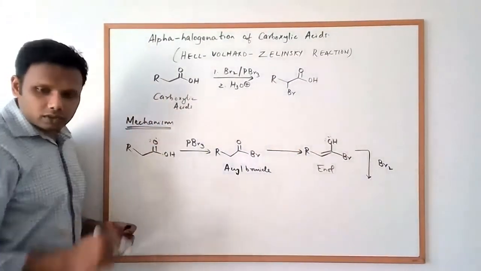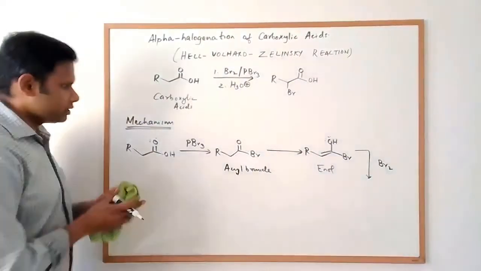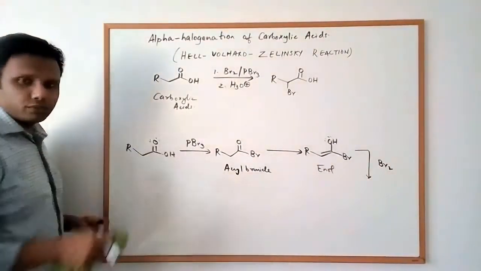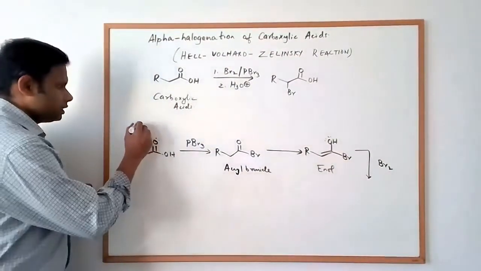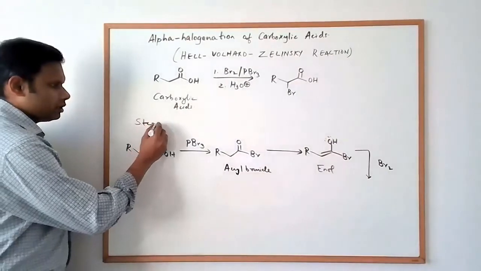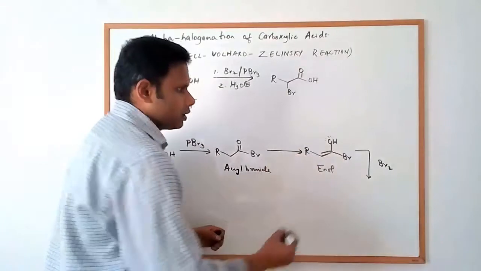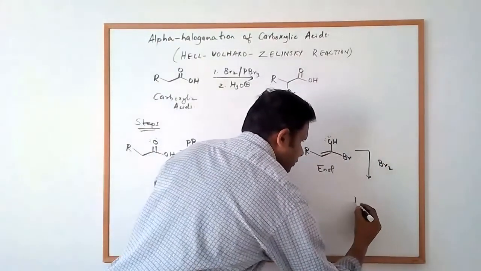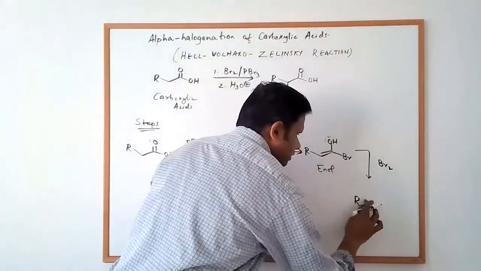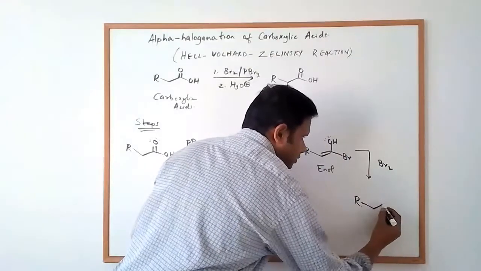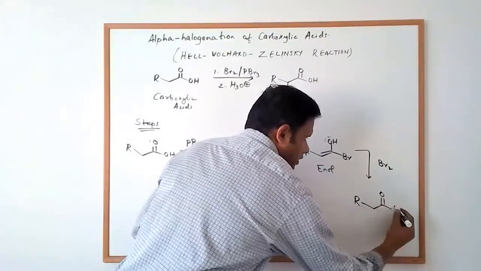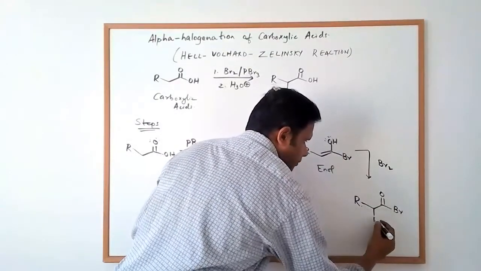Actually, I'm going to call these steps instead of mechanisms, because I'm not showing any electron-pushing mechanisms here. These are rather steps in the reaction. So the enol now reacts with Br2, and it will give us the alpha-halogenated acyl bromide.